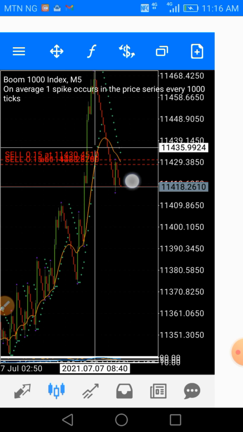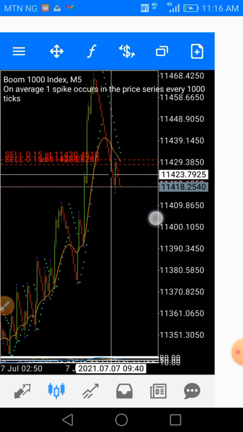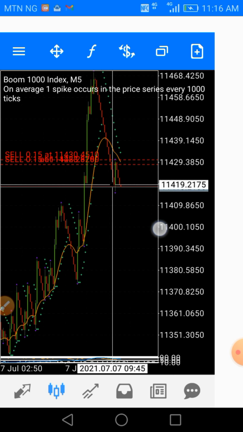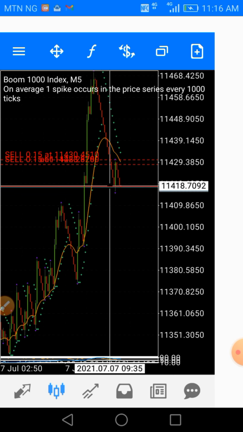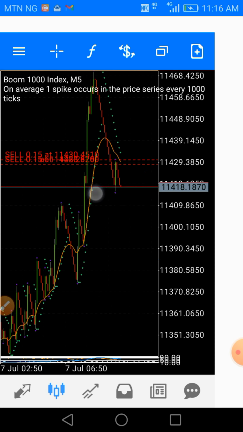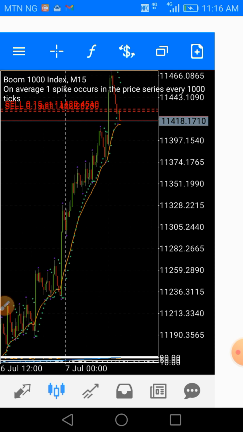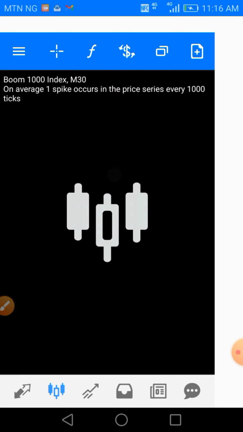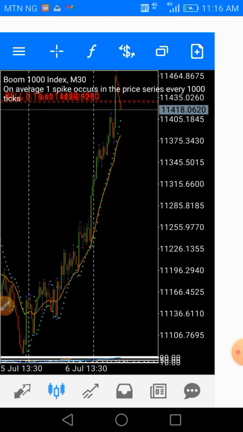The market has crossed it and is below it, and since it's below it on this M5, I'm looking at it that that alignment will continue. It's going to come below it on M15. Of course, it's approaching it already, and on M30 it is still going to come below it.